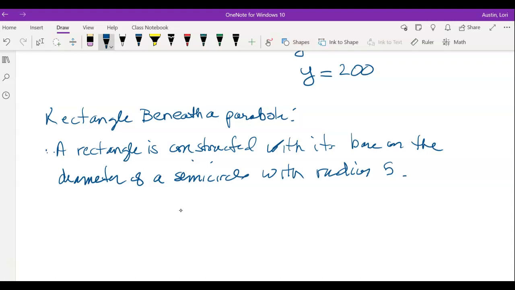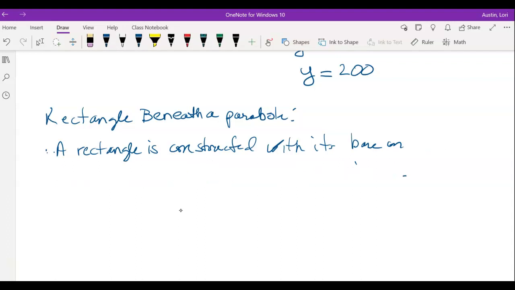I want a parabola. So a rectangle is constructed with its base, so get rid of diameter of a semicircle, with its base on the x-axis and two of its vertices on the parabola.